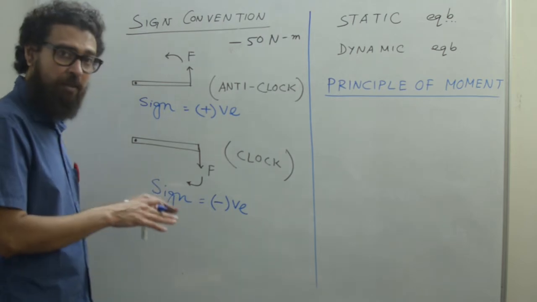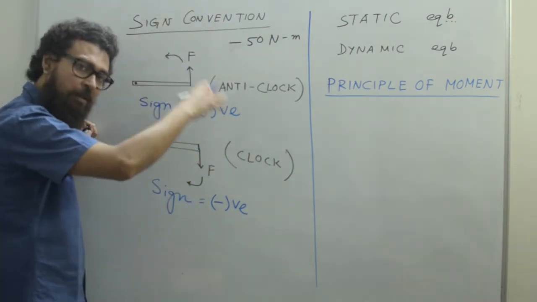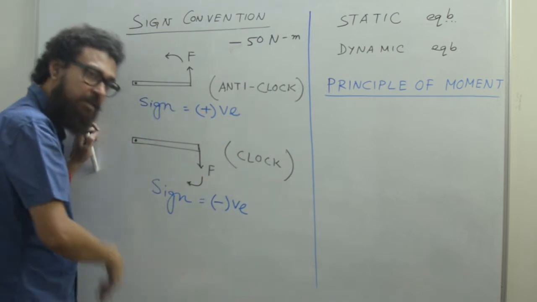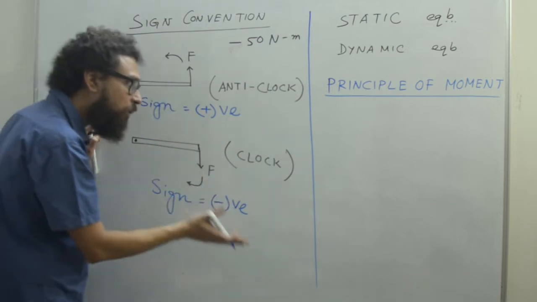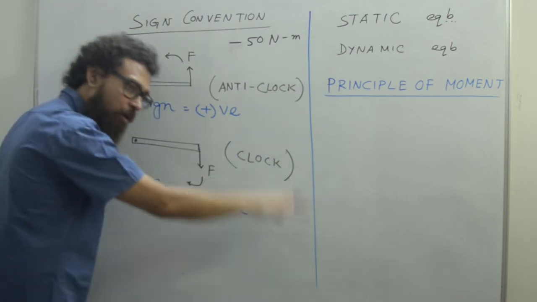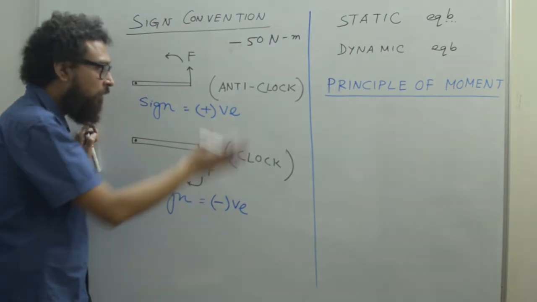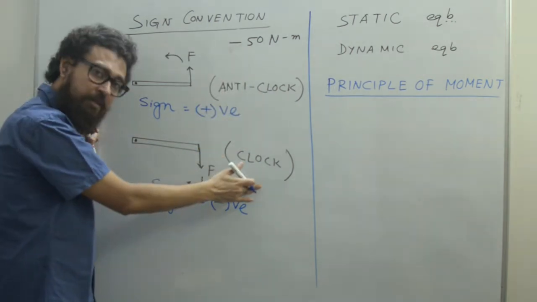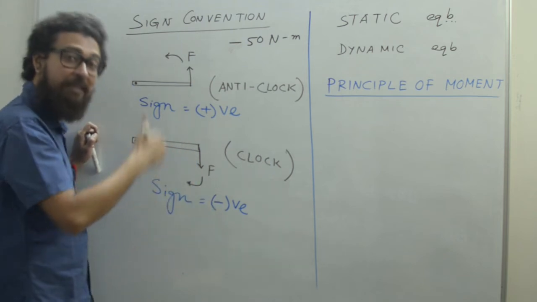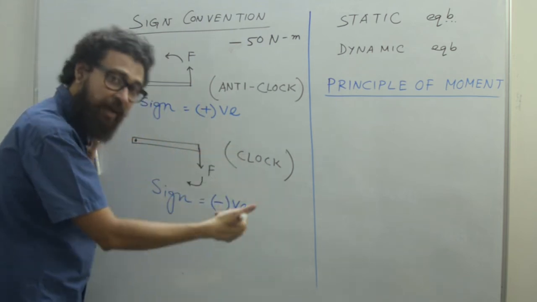There will be forces applied on a body which will exhibit anti-clockwise turning effect. There will be some forces which will show clockwise turning effect. If the total anti-clockwise turning effect is equal to the total clockwise turning effect, then what will happen? Anti-clockwise will cancel clockwise. So there will be no change. Great. This is the fact. That means the body is under perfect equilibrium.